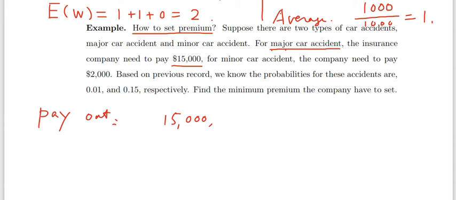Or if a minor accident, they should pay $2,000. So the probability for those things happening is 1%, 0.01, and this is 15%, 0.15.